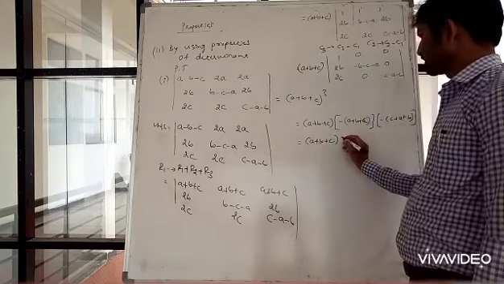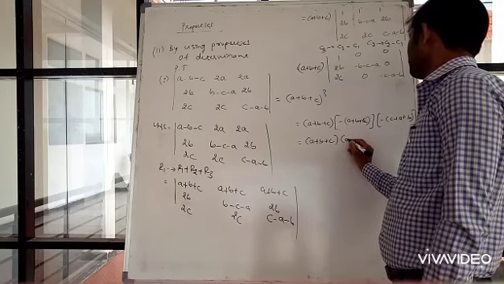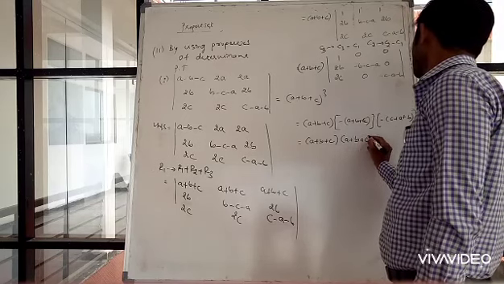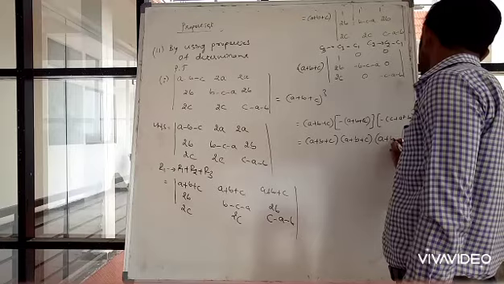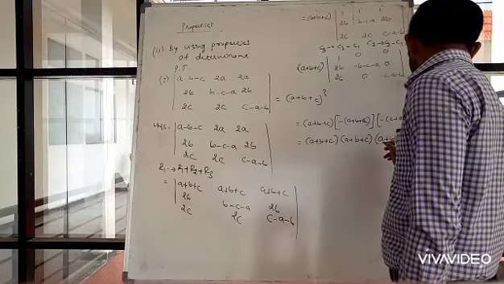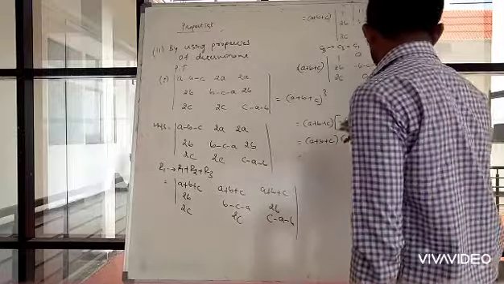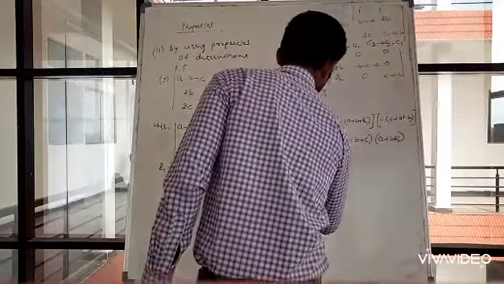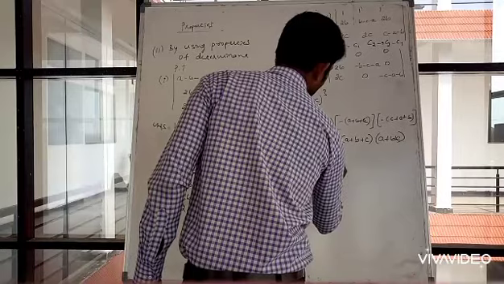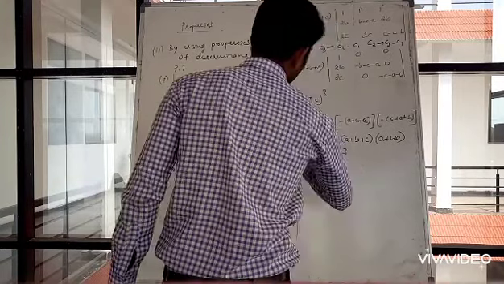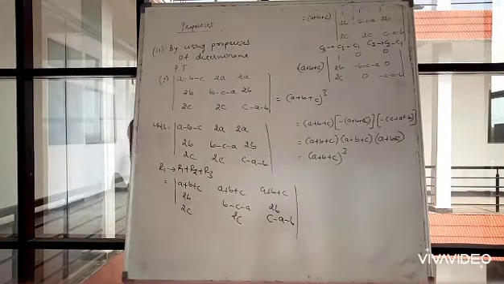Minus into minus plus. So (a plus b plus c) cubed. Hence proved. That is the answer.